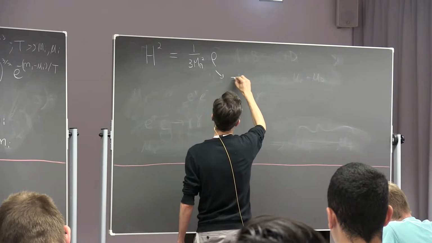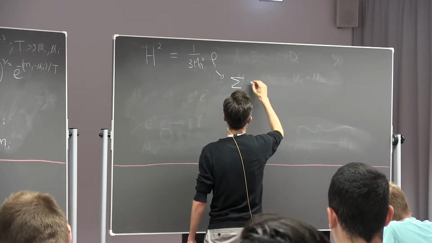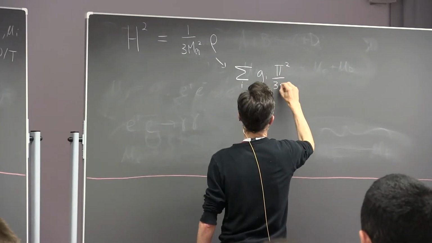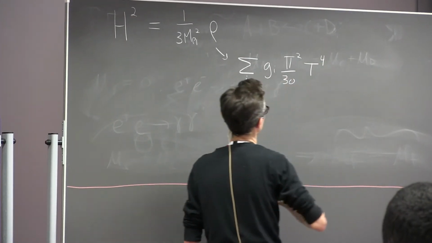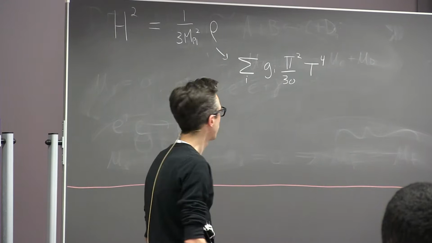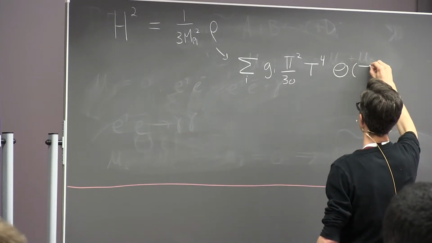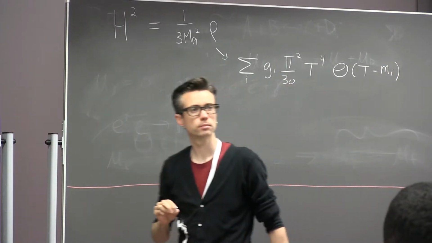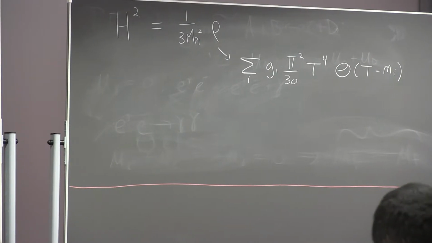And in radiation domination, this rho looks like a sum over all species times g times pi squared over 30, T to the 4th. This just comes from the expression for the number density. Specifically, this is dominated by particles that are light compared to the temperature, because particles that are heavy compared to the temperature get a big exponential suppression.